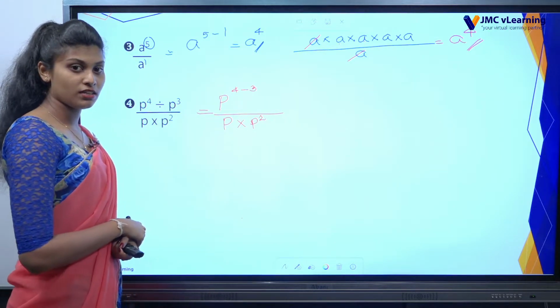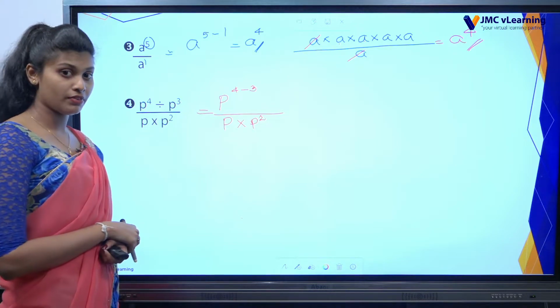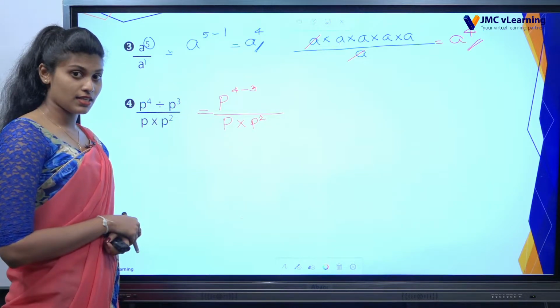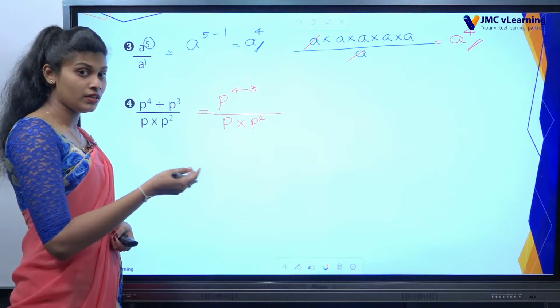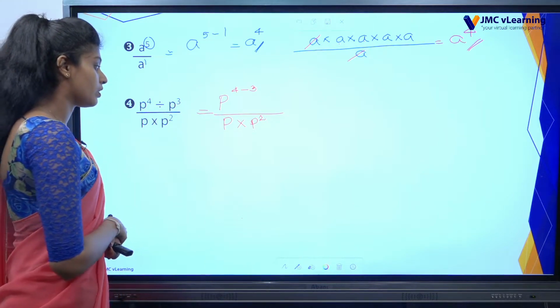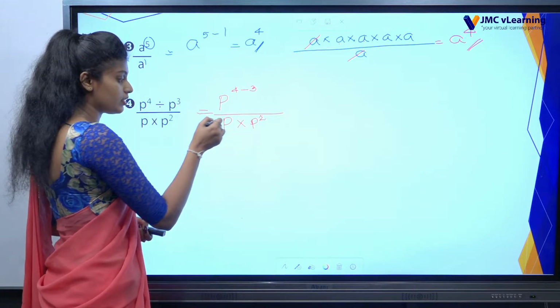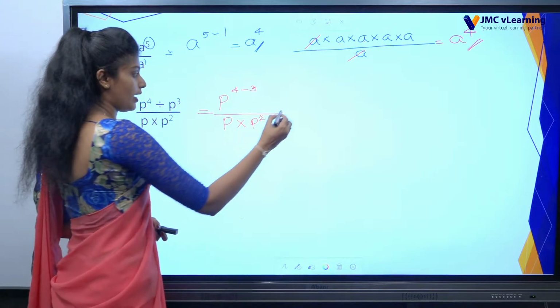Here multiplication. Now you know how to simplify when the bases are the same and we multiply them. Here these indices you have to add.